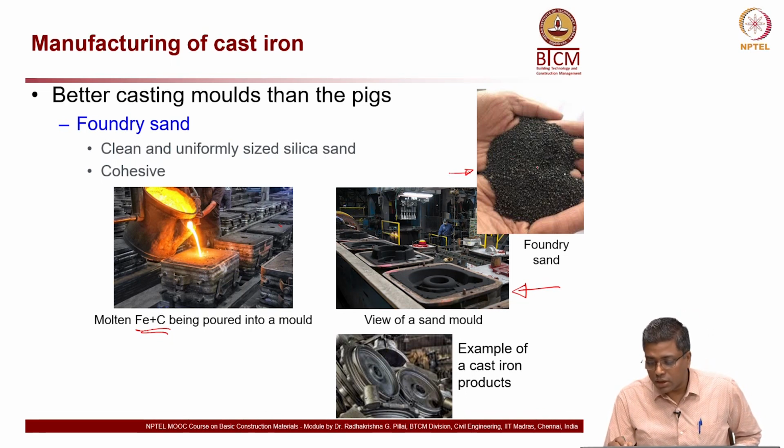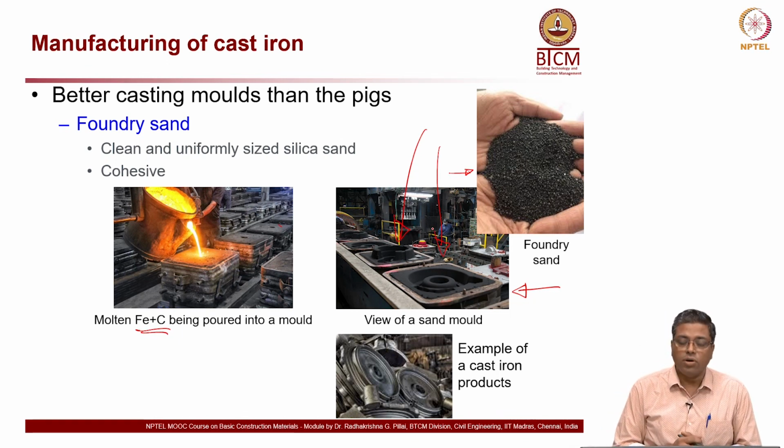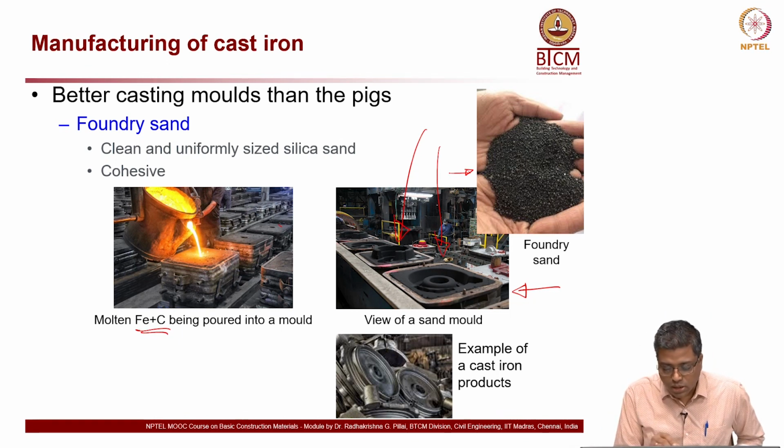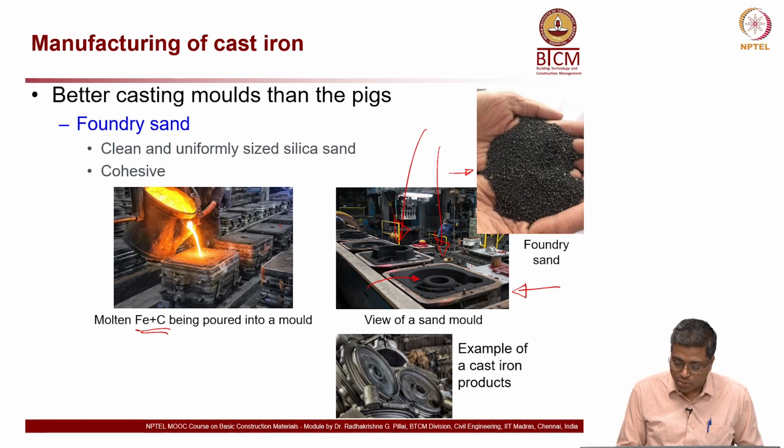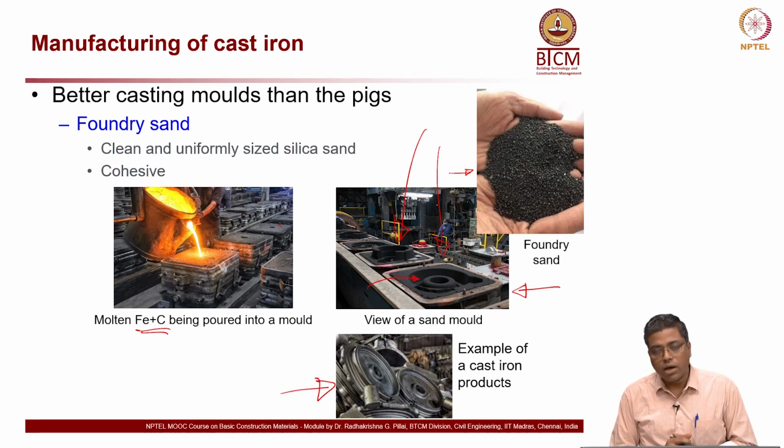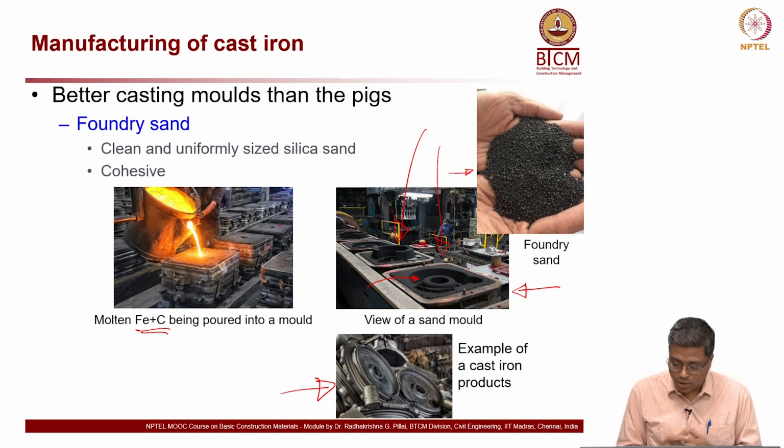So, this is how typical foundry sand looks. You can see here there are some cast shapes in the foundry sand, and then the molten material is poured into this place here, and it flows and then makes the shape. And on the bottom you have an example of something which looks like a wheel shape or a gear, whatever machinery parts.